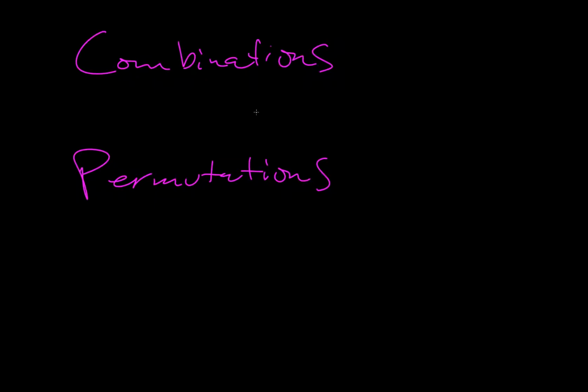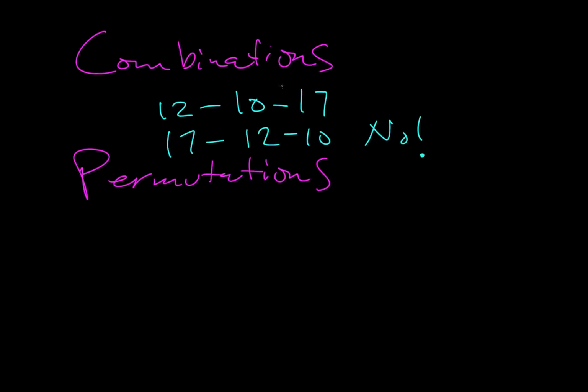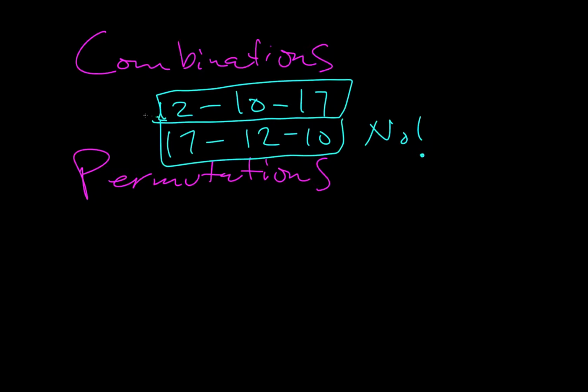Now if you do the code 12, 10, 17 and it opens, will the numbers 17, 12, 10 open the lock? The answer is no. Because the order matters, this is a different combination, and this is actually a permutation.